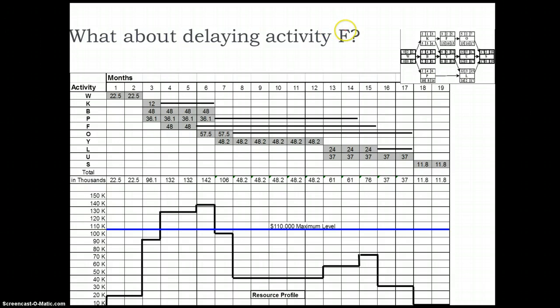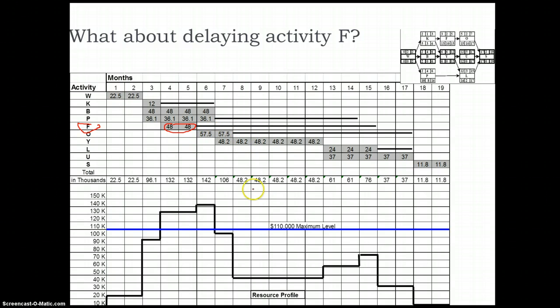Another possibility is, instead of delaying activity P, you could possibly delay activity F. So you can take away this 48. It would not be wise to delay it here, because it would put too much of a resource load.